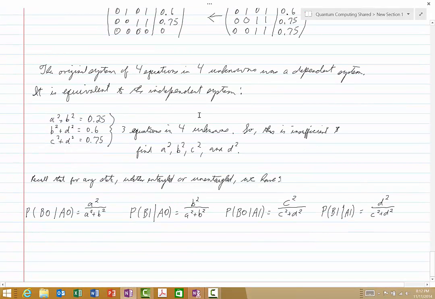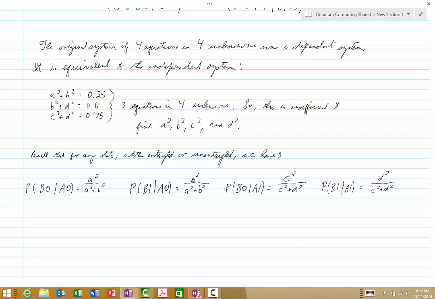But now we incorporate the critical information that this state is unentangled. The state we're dealing with now in this problem is unentangled.